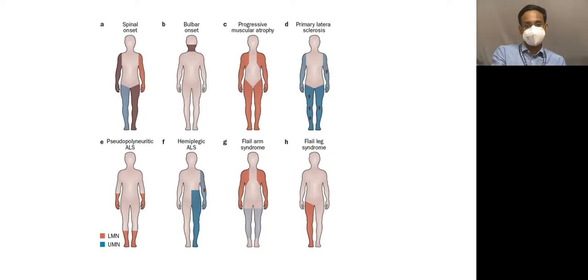Then subsequent progression indicates that no, it was not the radiculopathy, it was actually ALS presenting as the foot drop. We have multiple instances of this happening, even with this variant or with the flail leg variant, where it remains in one leg for a long period of time.